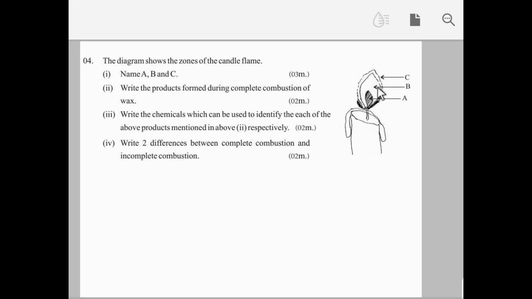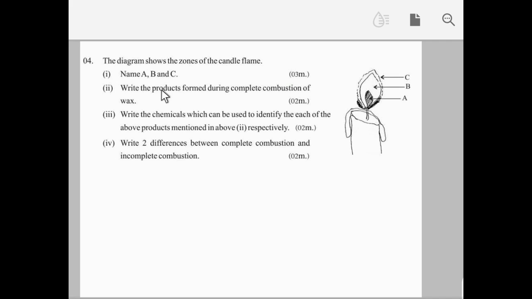B is yellow zone, that is yellowish color. C is transparent zone, that is colorless. There are three main layers of a candle flame.